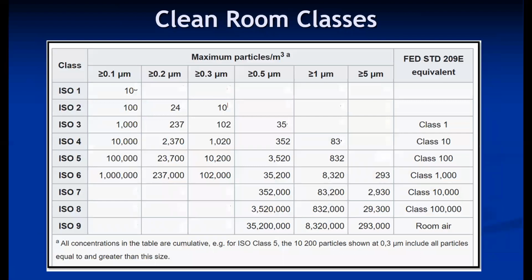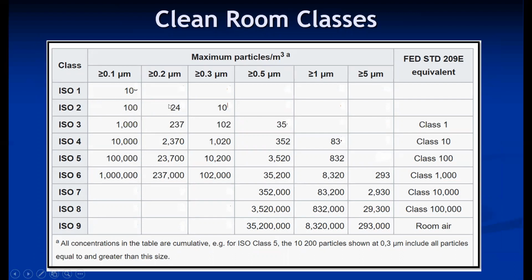Clean room classes mainly depend upon the maximum allowable particles per cubic meter. So these are the classes as per the ISO standards, ISO 1 to ISO 9. As we have discussed earlier, ISO 1 allows only 10 particles of size greater than 0.1 micron.